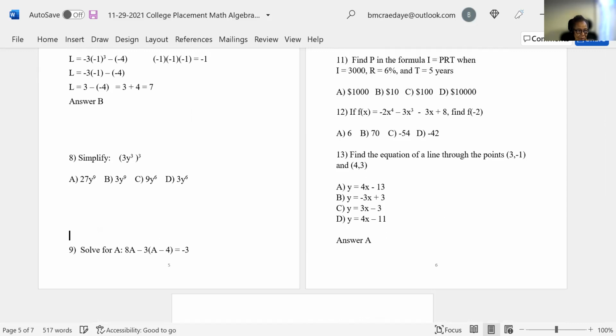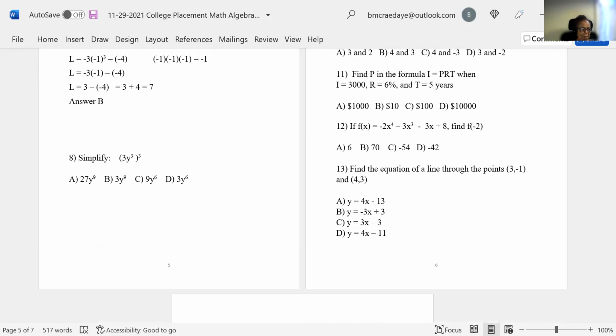I want you to solve that one. Number 8. Remember, everything in parentheses, you're raising it to the third power. So the answer would be A. That's it. 3 to the third power is 27.